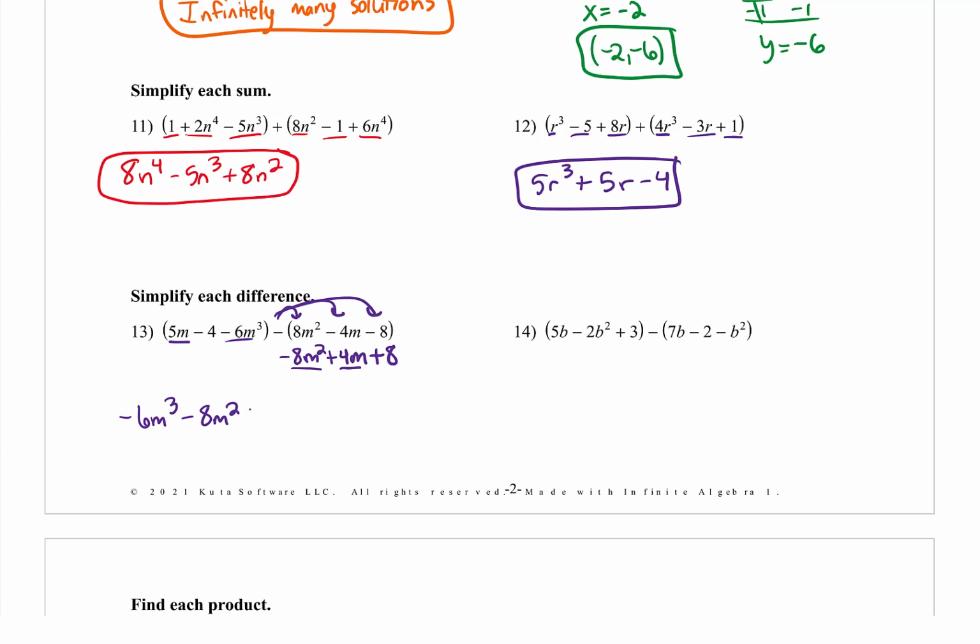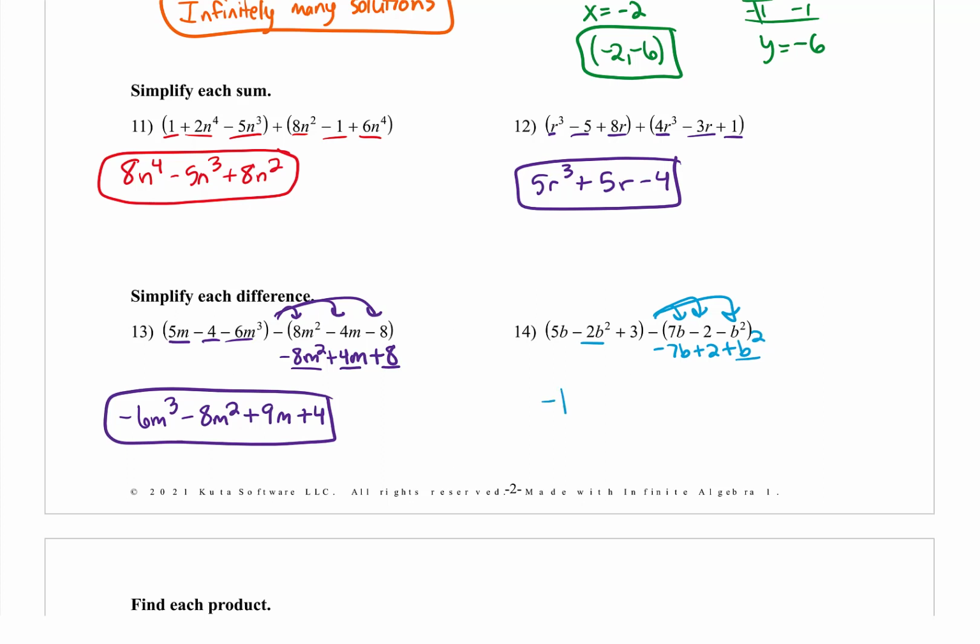And then we're going to do the m's together. 5m plus 4m is 9m. And then the -4 and the +8, which is 4. People will just do -8m squared, but then still do -4m and -8, and that is not correct. We want to change all the things in the second parentheses to a negative. Think of it like you're distributing a -1, if that's helpful.